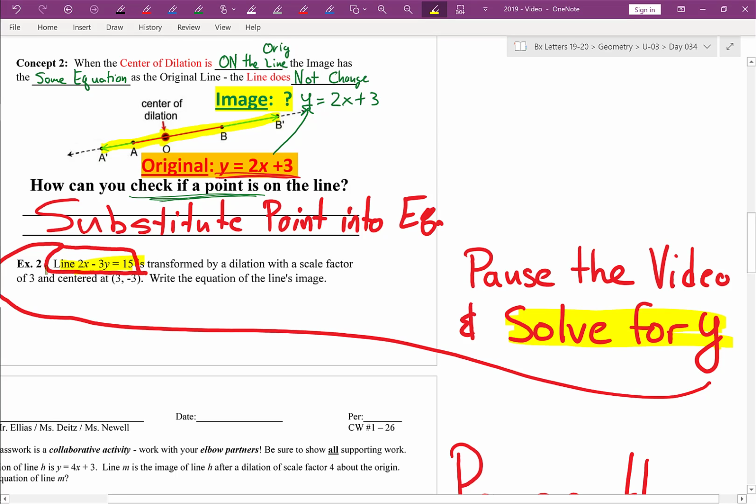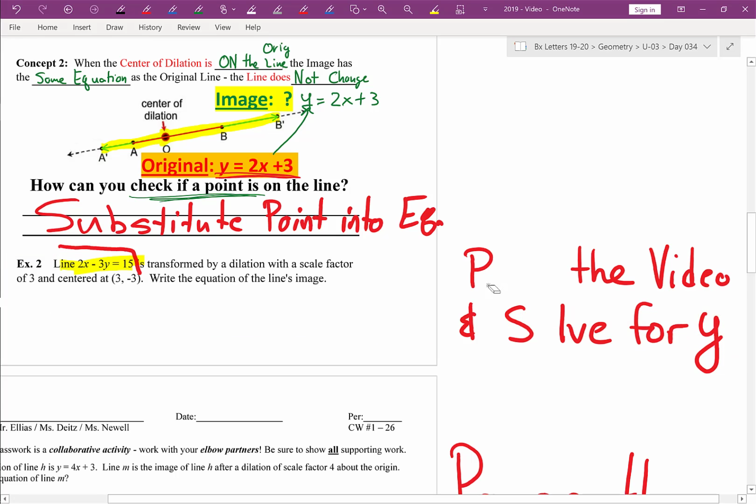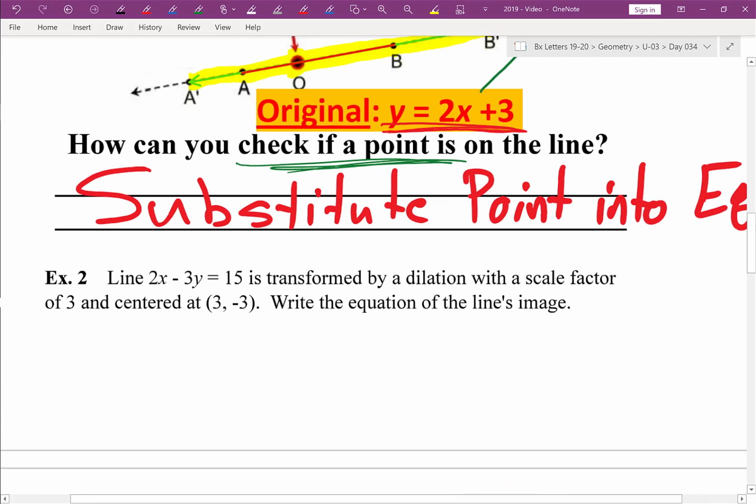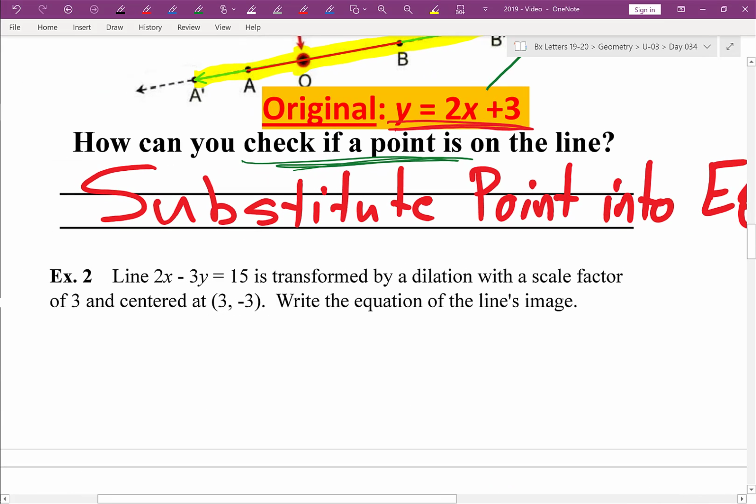Because when you look at that equation, you can't tell the y-intercept. You can't tell the slope. All right. Now, I know I told you to solve for y, but I kind of want to illustrate right off the bat that this point, this x and y, is on that line.